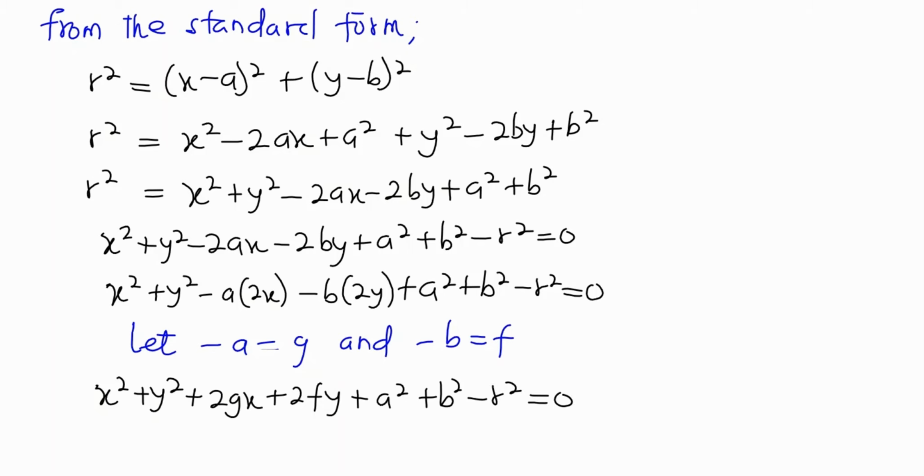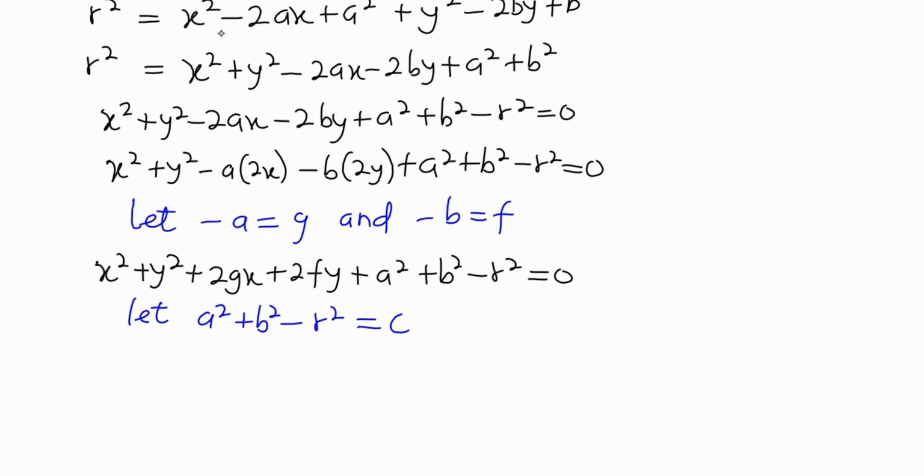Now in the same way, we can also equate the terms a squared plus b squared minus r squared by a common term. So you can also say let a squared plus b squared minus r squared be equal to c. Now our equation becomes this form.